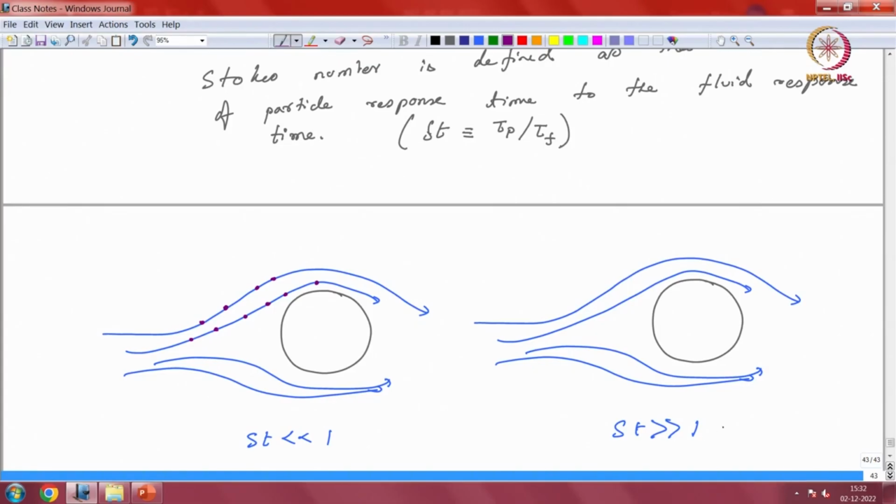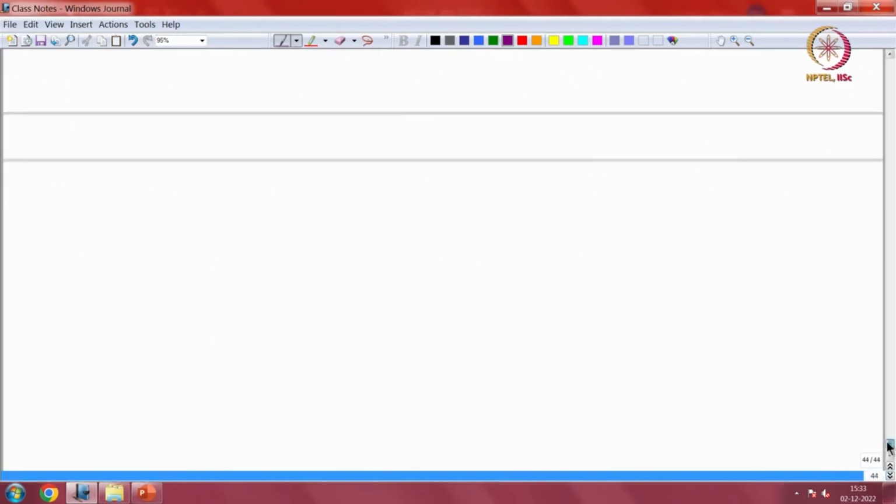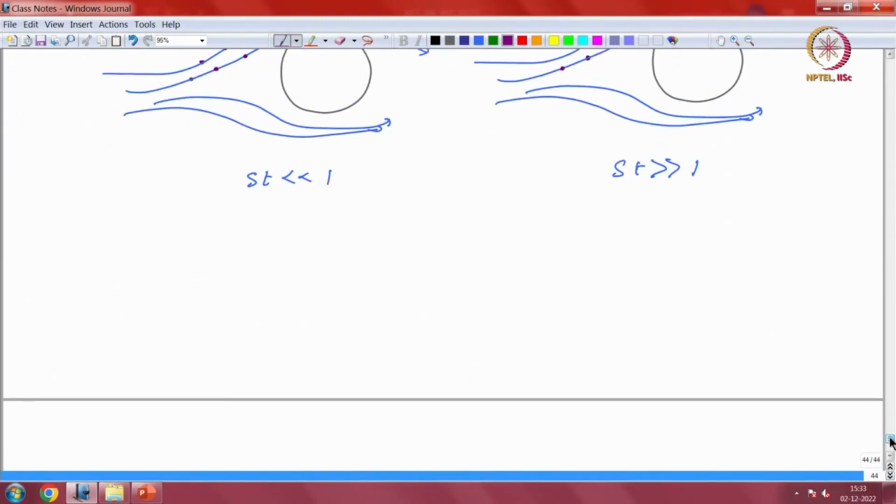Whereas if the Stokes number is much greater than 1, then as the flow changes, the particle is not able to change its location properly to align with the fluid flow, and you will have a situation like this where it can just go and hit the cylinder. So it separates out from the flow, and this is not appropriate anymore for good flow visualization experiments. So your tracer particle has to be chosen carefully, and as the Stokes number is much greater than 1, the particle is unable to follow streamlines.